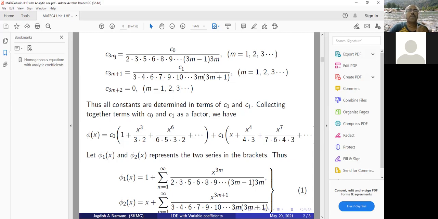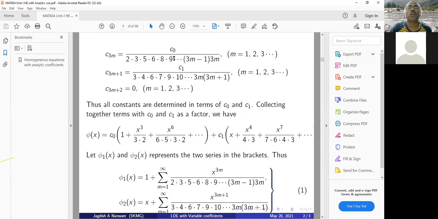So if we put m is equal to 1, 2, 3 here, you will see that coefficients C3, C6, C9, C12, right, in the multiple of 3, all these coefficients are in terms of C0. And see how the denominator is written, right? Now, if you consider m is equal to 3, the final number will be 3 3s are 9, right?